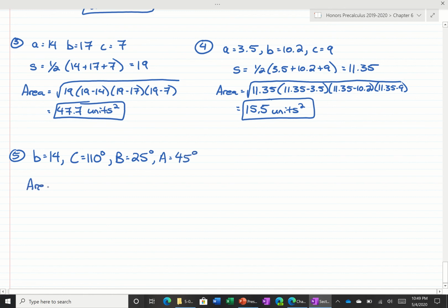So the formula for our area will be 1/2 times 14 squared. That's B, so we'll put the sine of B on the bottom, and we'll put the sine of C and the sine of A on top. And if we calculate that, we'll get 154.1 square units.